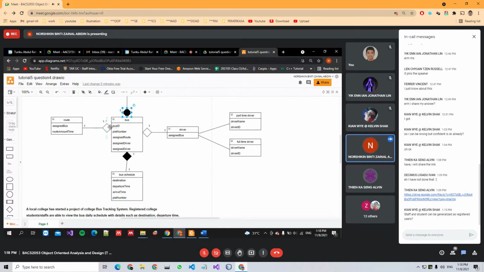And then this one is your relationship. If the bus doesn't have the road, it still can exist. If there is no bus, the road still can exist. That's basically the white one, the relationship I put.